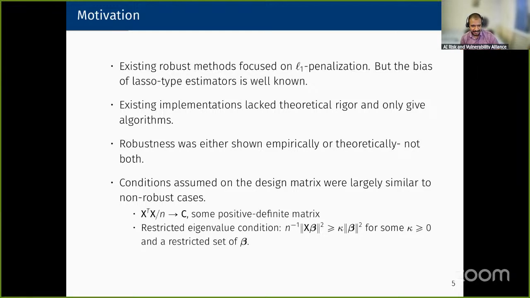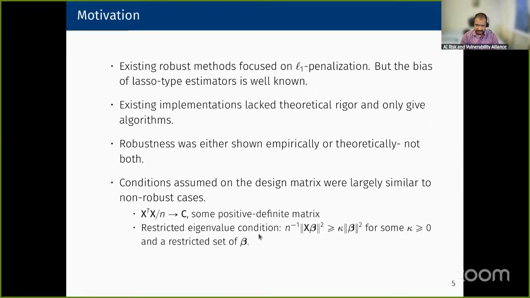That didn't quite make sense, because if I'm not assuming any robustness conditions on the design matrix, then I'm not taking into account the situation where outliers or data contamination can exist in the input data set of a learning problem. We are just taking care of output outliers. In the presence of input outliers, these methods are not going to work. So that became a big motivation for proposing our more general framework as well.